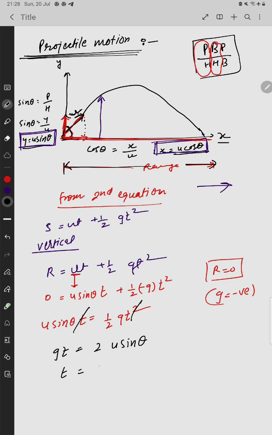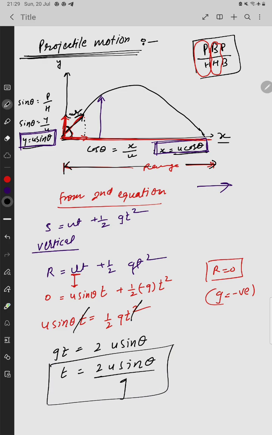So t is equal to 2u sin theta by g. This is the time period, also called the time of flight.